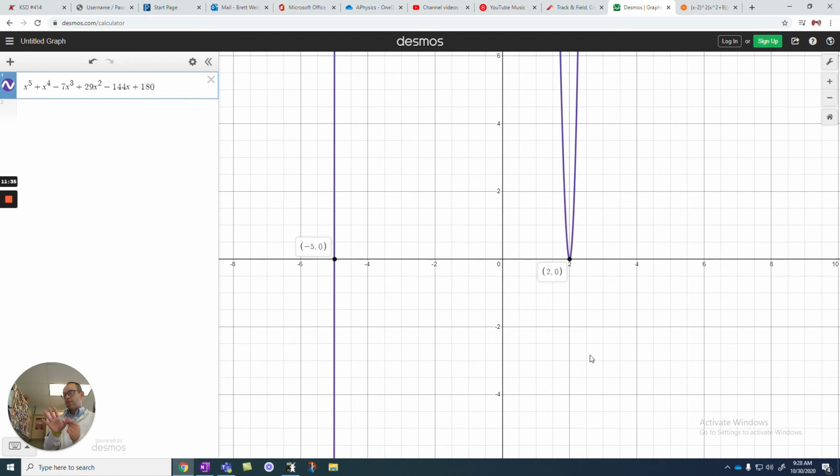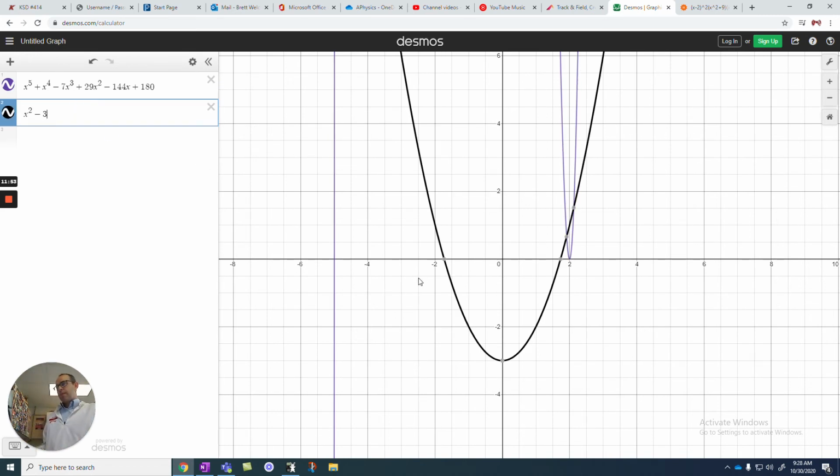Where's my 5th answer? Well, there's something special going on right here at 2. Do you see how instead of crossing through like it does at -5, it actually turns around and goes back up? If I graph any quadratic, like x squared minus 3, x squared gives me 2 answers, 1 here and 1 here, and they are passing through.